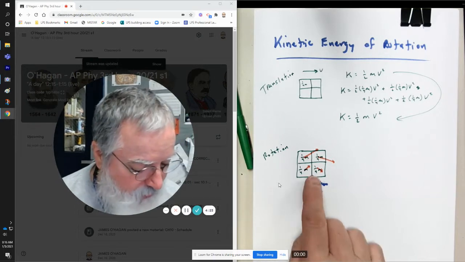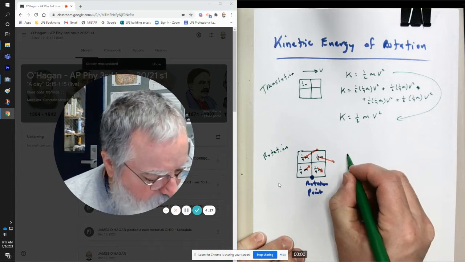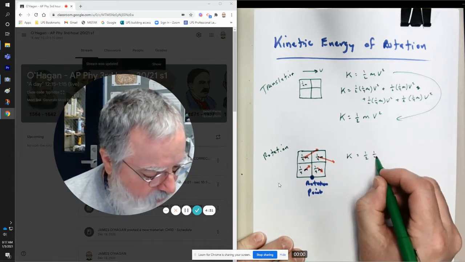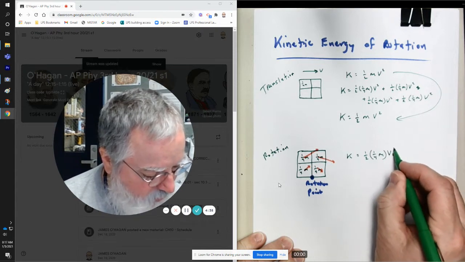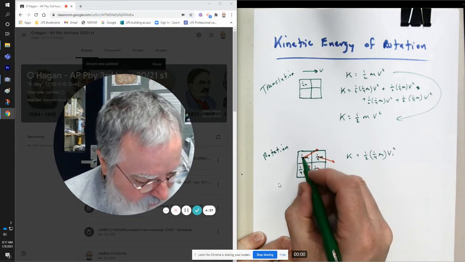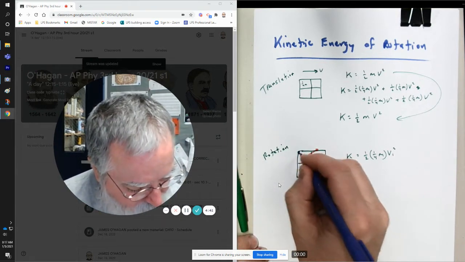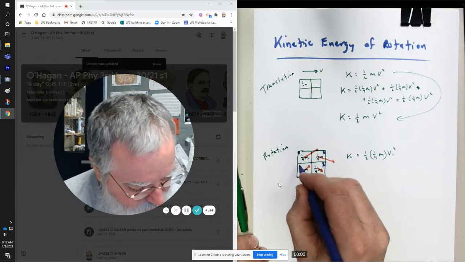Anyway, now if you do this, here's what happens. You get kinetic energy equals 1/2 times 1/4 m times v1 squared. I'll give each one of them a number: this one 1, this one 2, this one 3, and this one 4.